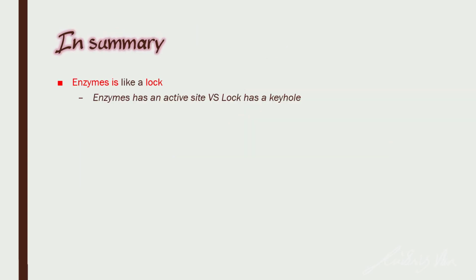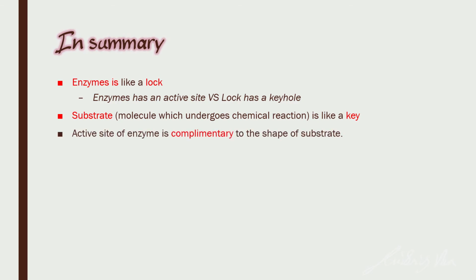So in summary, an enzyme is like a lock because enzymes have an active site, while a lock has a keyhole, which is meant for the substrate to fit in, like a key fitting into the keyhole. The substrate fits into the active site of the enzyme. The active site of the enzyme is complementary to the shape of the substrate. Each active site is unique to the shape of each unique substrate.